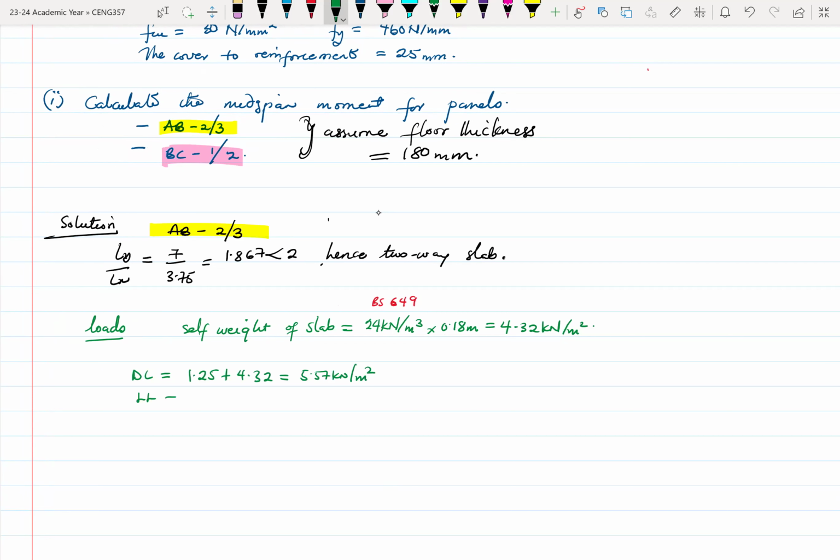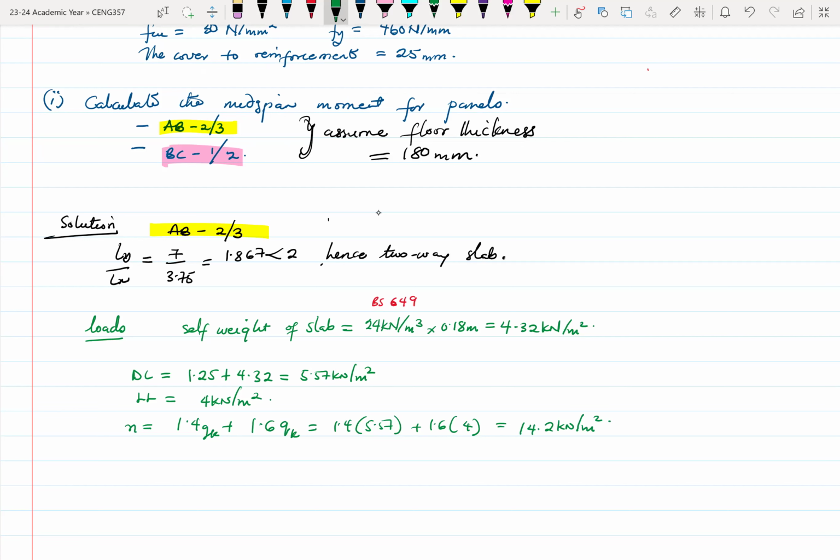Then we know our live load to be 4 kilonewtons per meter squared. So n, our ultimate design load, will be 1.4 Gk plus 1.6 Qk. So 1.4 times 5.57 plus 1.6 times 4 gives us 14.2 kilonewtons per meter squared. So now we know our n.